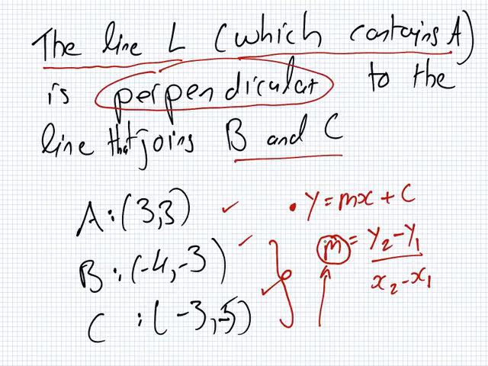Why? Because perpendicular gradients multiply to minus 1. Do you remember the m? I turn it upside down and put a minus. And then to finish, I can use my m, and then which point do I use? Point A. I must use A.